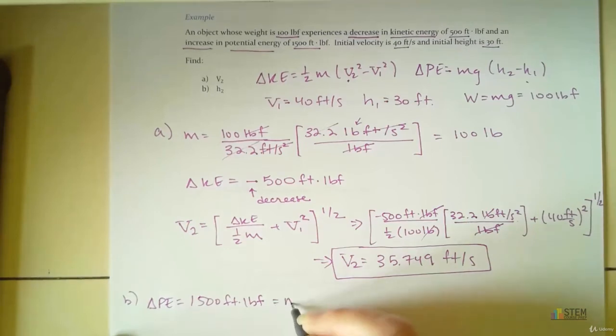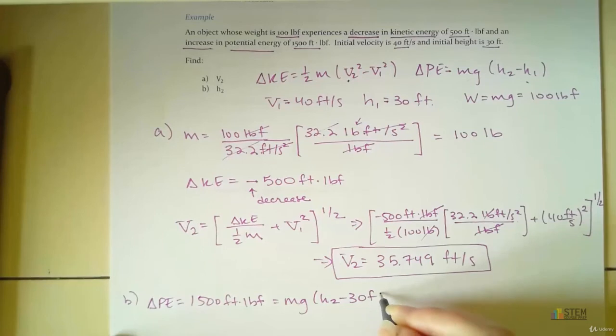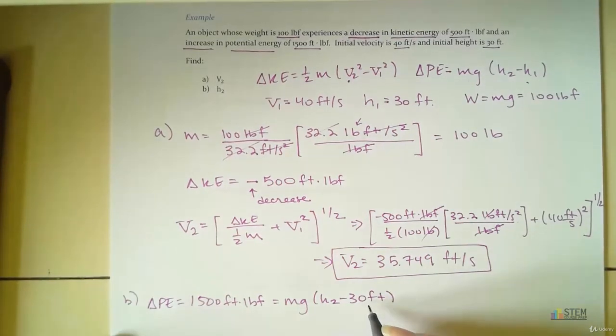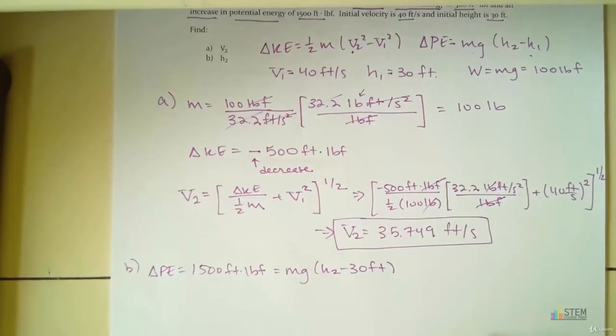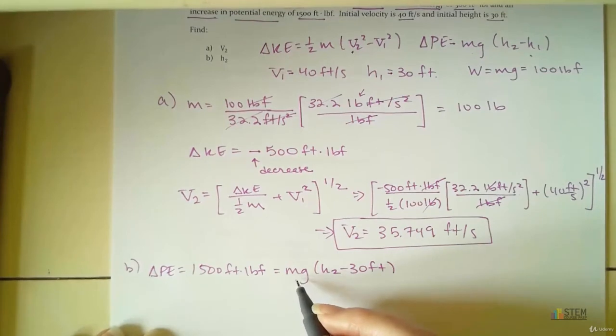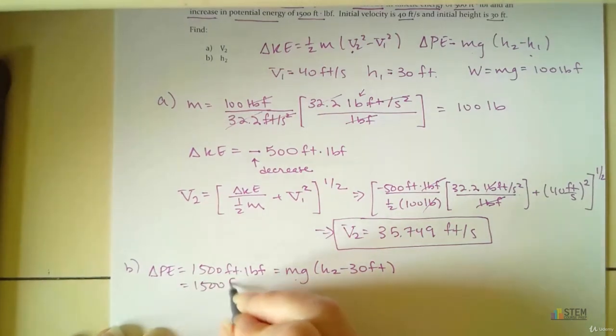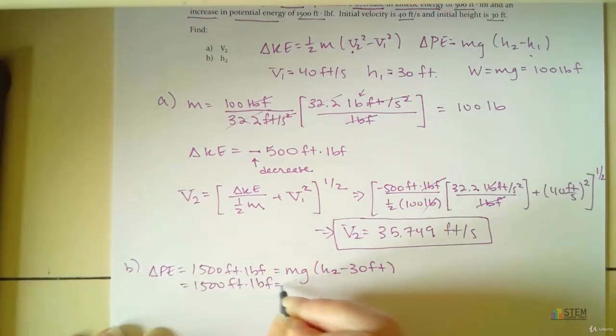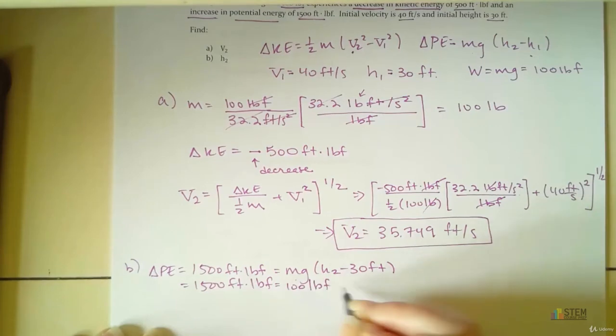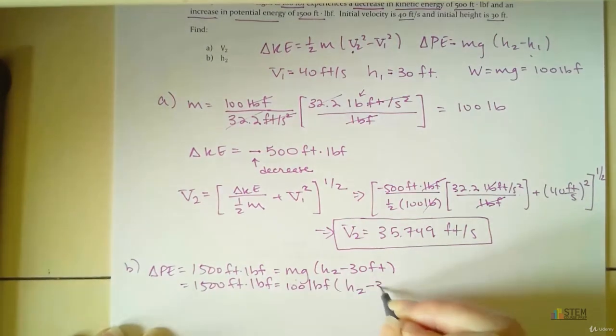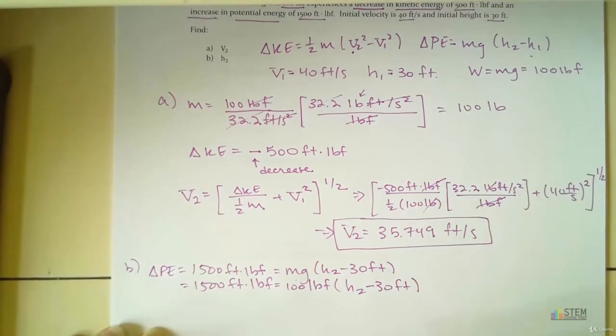That's going to equal mg times (h2 minus 30 feet), because this was the initial height that was given. Now we know what mg is. That was given. That's weight, right? So that was 100 pound force. So let's go ahead and plug that in. And then we're going to multiply by h2 minus 30 feet.